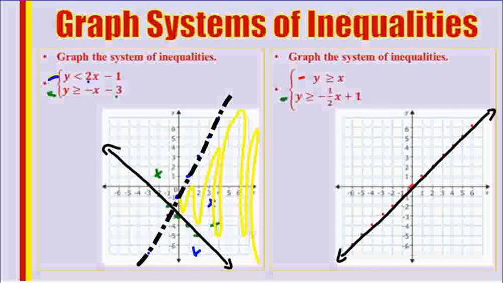Next one, put a point at positive 1, the y-intercept, with a negative slope of negative 1/2. So down 1 to the right 2, or you go up 1 to the left 2. And it has the equal to sign, so it's a solid line.